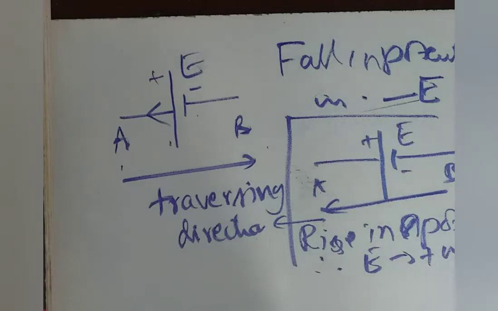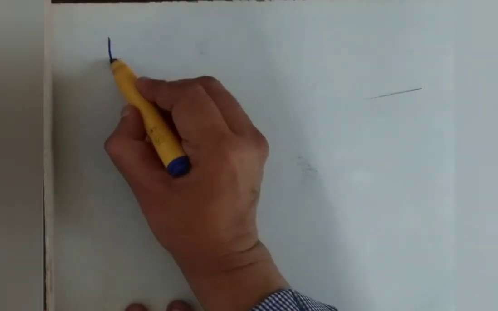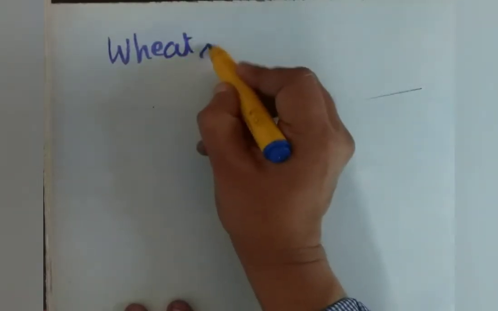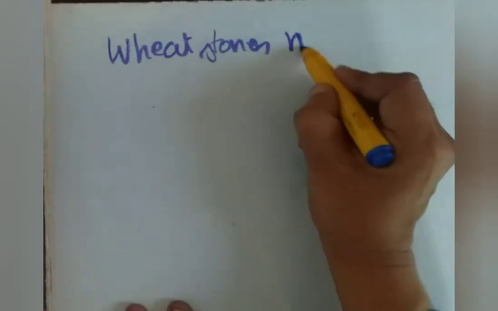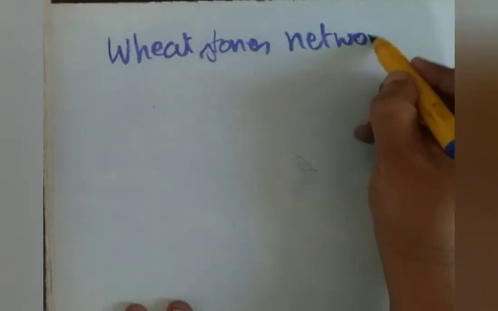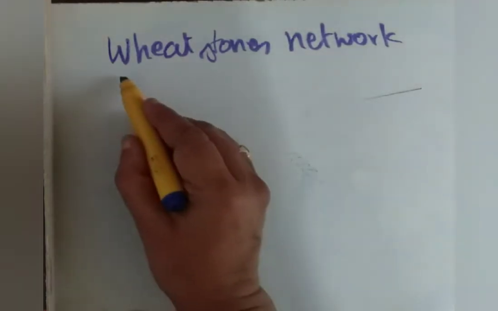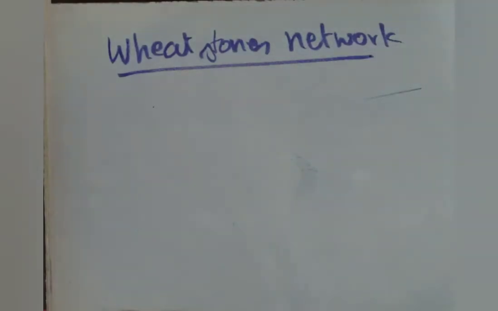Before solving the numerical, what we want to do is try to apply it for a particular circuit, what we call Wheatstone's network. We want to learn that now. A Wheatstone's network is a quadrilateral arrangement of 4 resistances wherein 2 diagonally opposite corners are connected to a galvanometer and the other 2 diagonally opposite corners are connected to a cell or a battery.